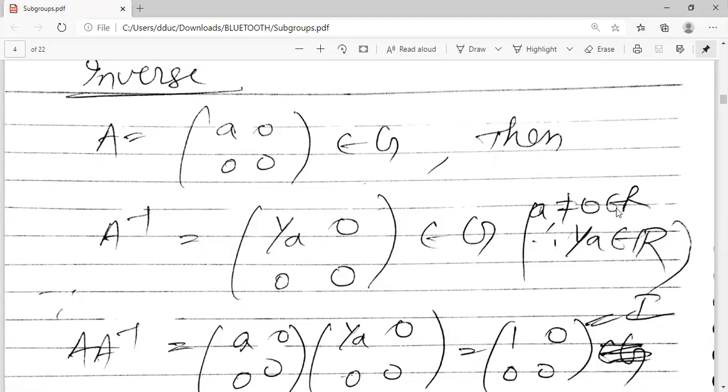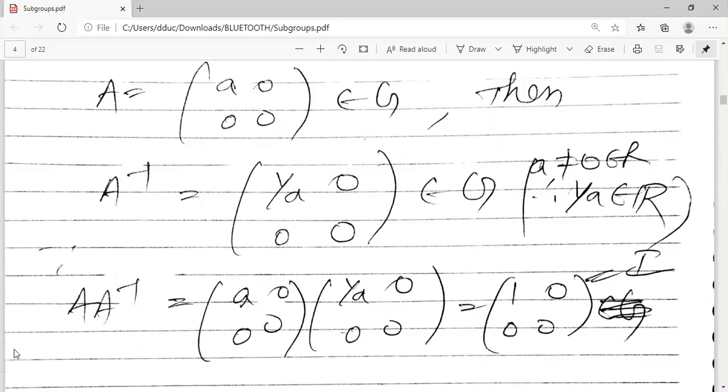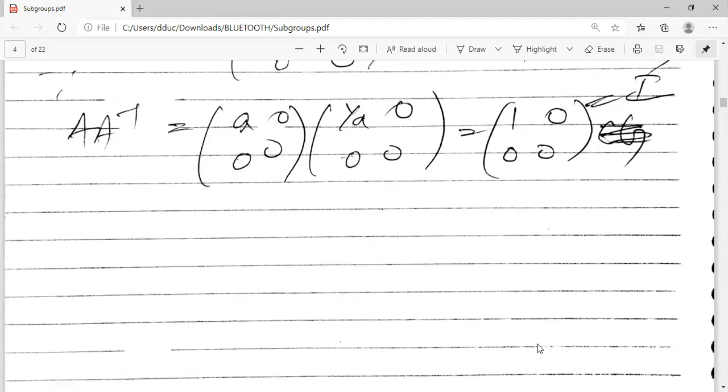A is non-zero, so we can easily take 1 upon A. So 1 upon A will be a real number, so this element will be in G. Now, why is this an inverse of A? You can easily check. We multiply A and A inverse, these two elements, and you get the identity element. So now we have proved all the properties: commutativity, associativity, then identity, inverse, and closure. So all these things are there.